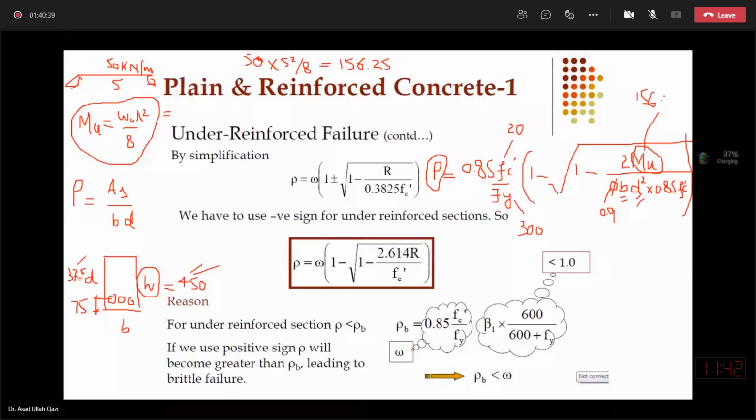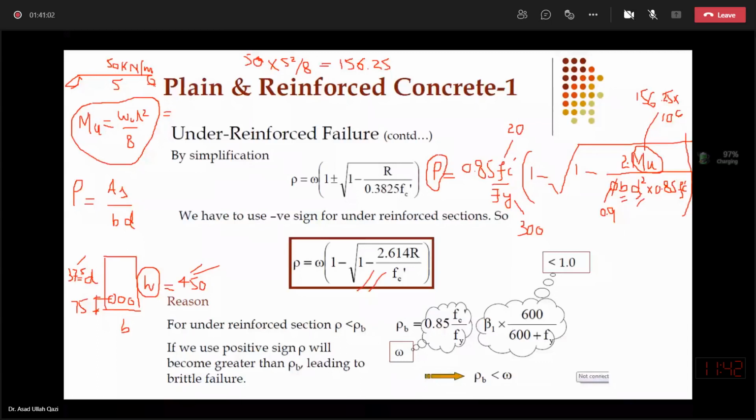Multiply this with 10 raised to the power 6 to convert it into Newton millimeter. Then multiply with 2. Actually, I'm expanding this equation and rewriting it here. So you will get the same answer into 2. 5 you will put 0.9.